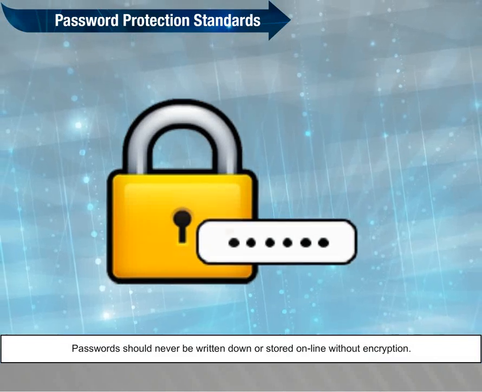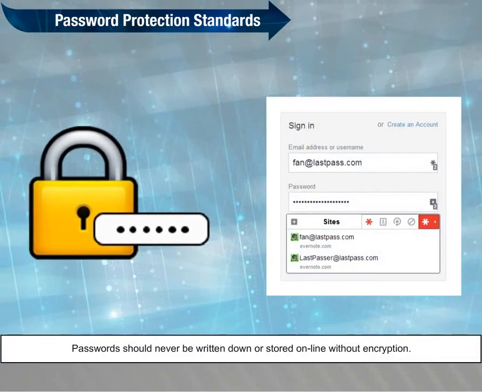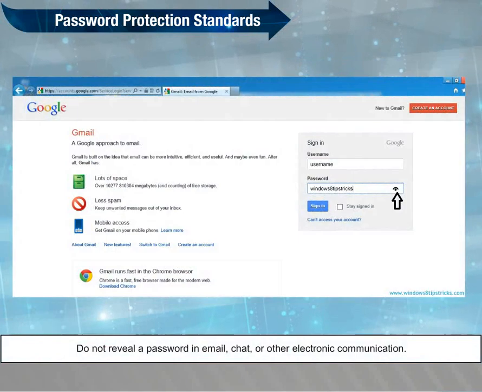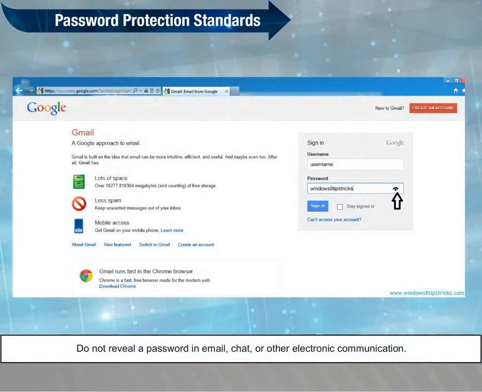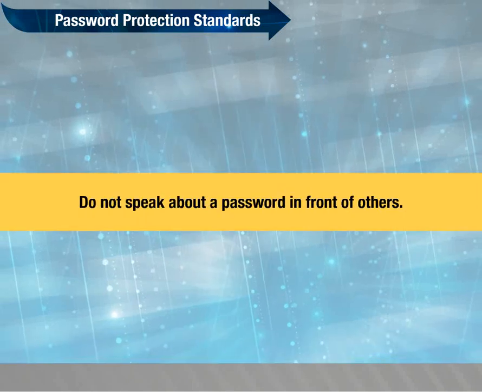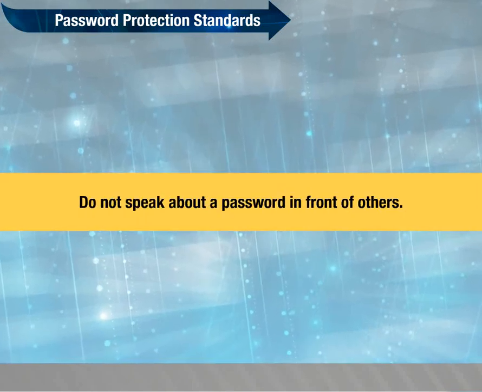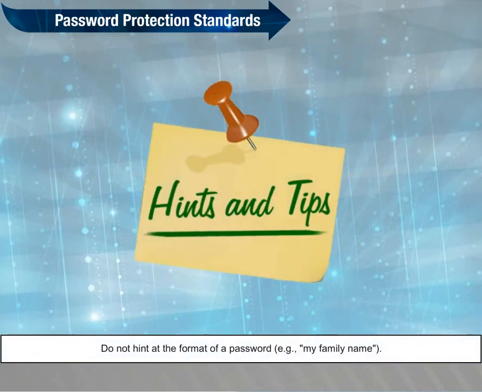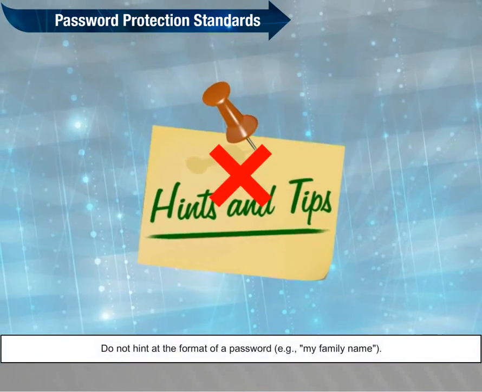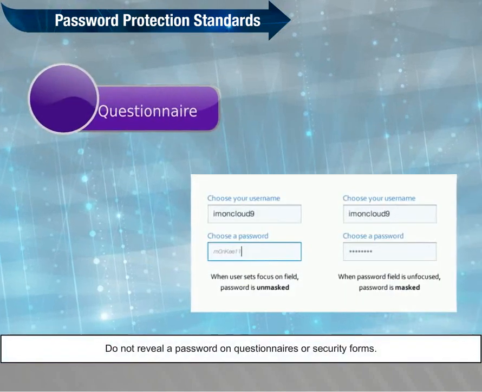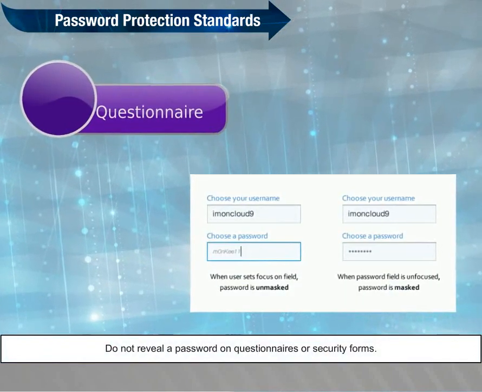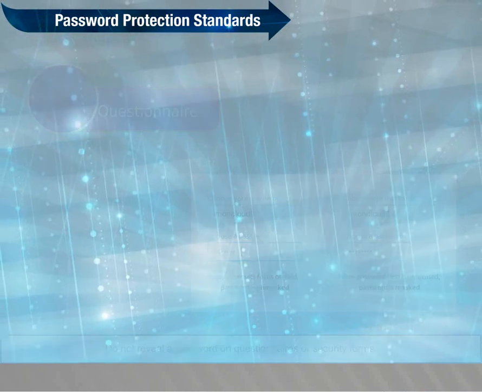Passwords should never be written down or stored online without encryption. Do not reveal a password in email, chat, or other electronic communication. Do not speak about a password in front of others. Do not hint at the format of a password, for example, my family name. Do not reveal a password on questionnaires or security forms.